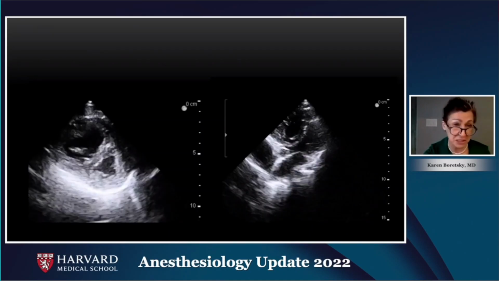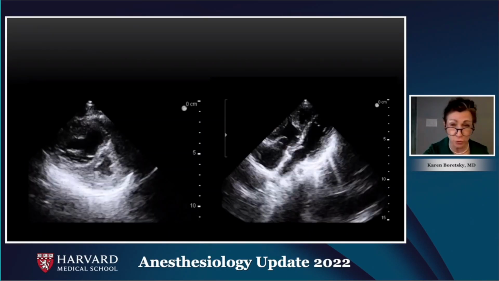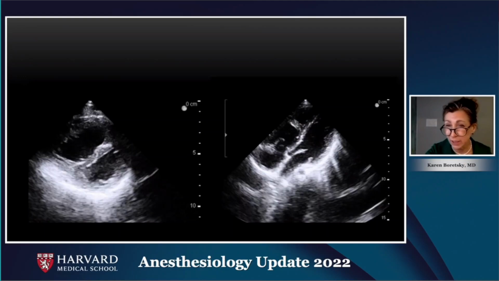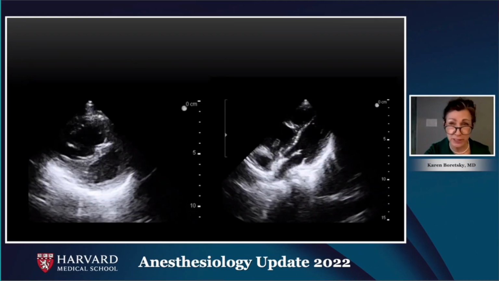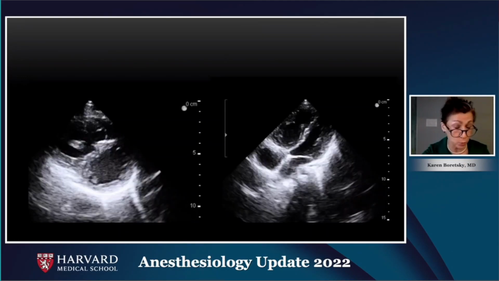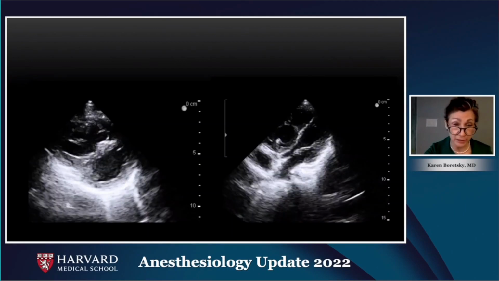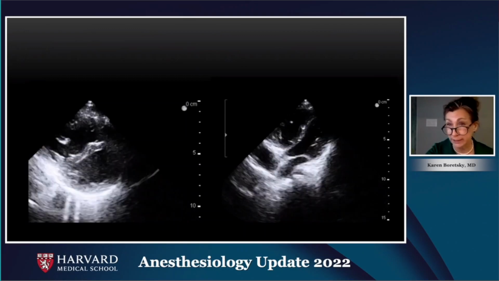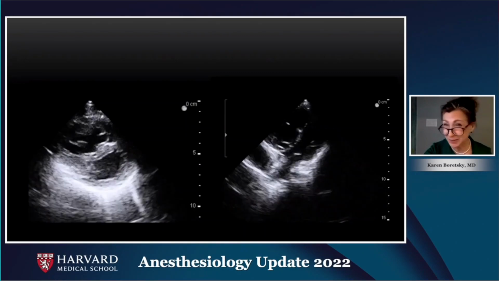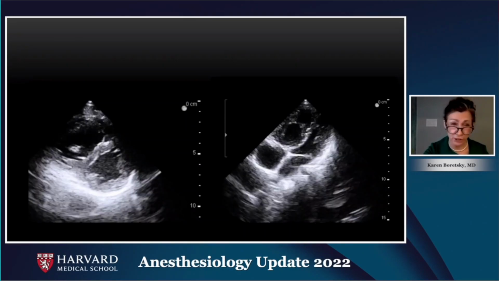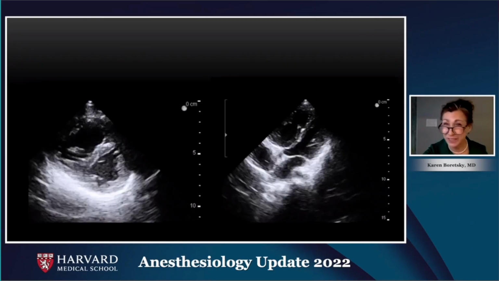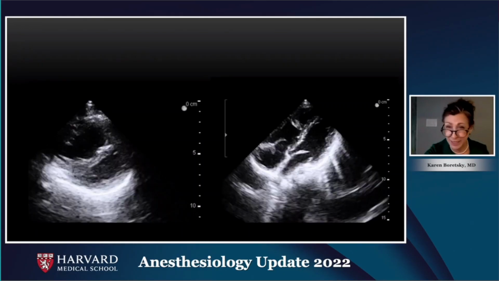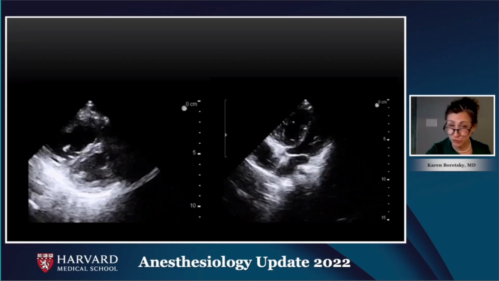We waited 5 minutes, normalized the CO2, decreased the sevoflurane, and the arrhythmia persisted. So I ran and got my friend Al, who's a pediatric cardiologist, anesthesiologist, and I asked him, what do you think? Should I proceed? What should I do? It's a healthy kid, the hemodynamics, everything's stable, but I have this atrial arrhythmia.